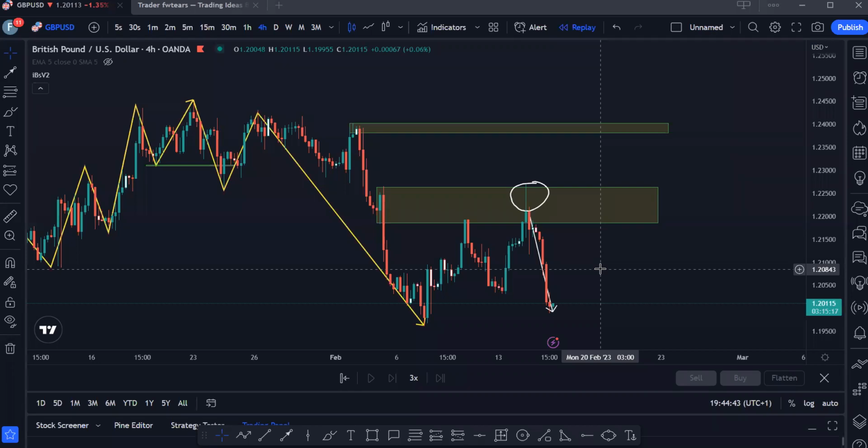When price is in a downtrend, you want to identify resistance, and then you wait for price to correct into that resistance. And then when price corrects into that resistance, you want to wait for your confirmations to align before you place the sell order.